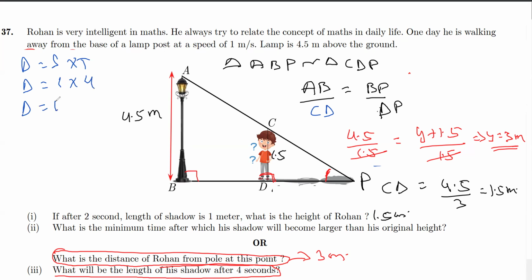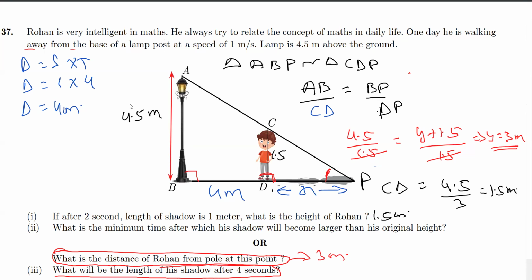You can say distance is equal to 4 meters. So we have to take this as 4 meters, and we have to find out this distance, that is DP. So I can take it as x for working.